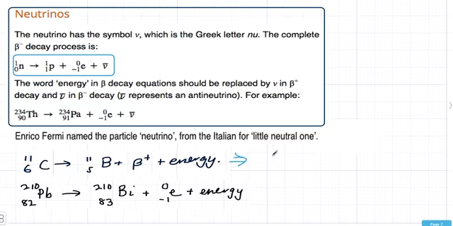So what we can really write it as now is its final form. So carbon-11 goes to boron-11, 5, plus a beta particle plus, now this is beta plus decay, so when it's beta plus decay we just use the little neutrino. This one here is the opposite.